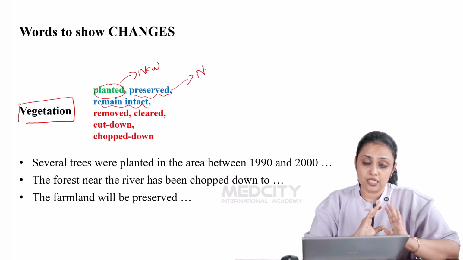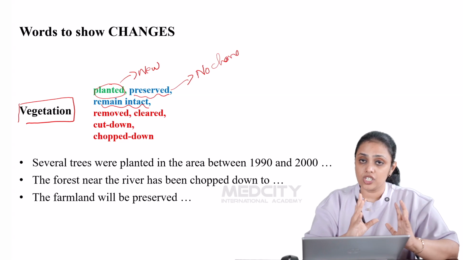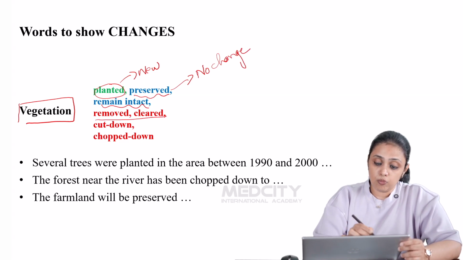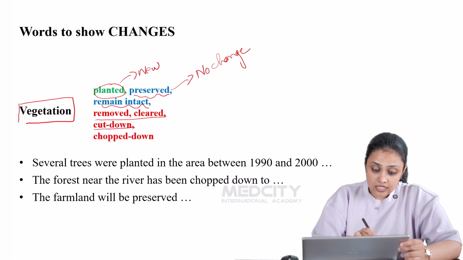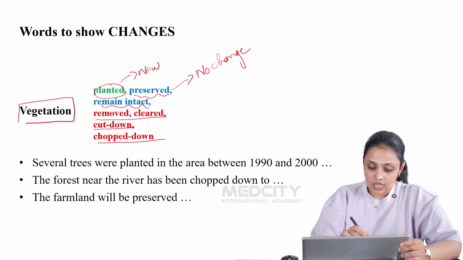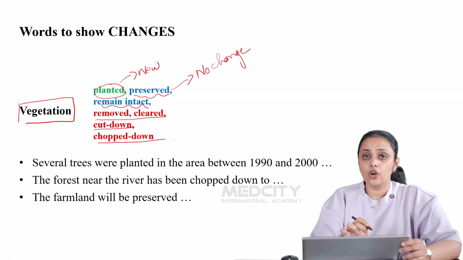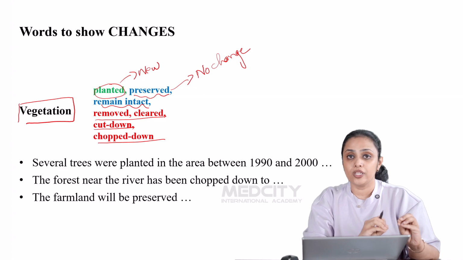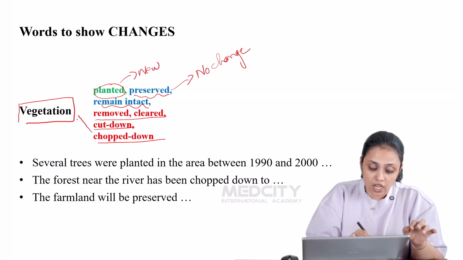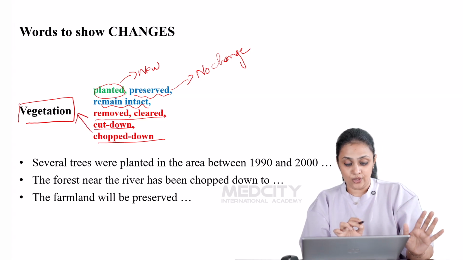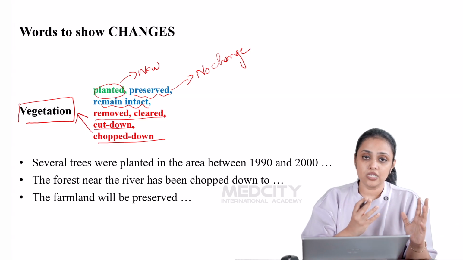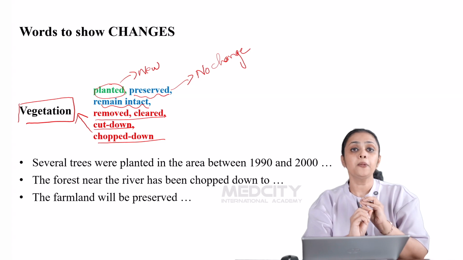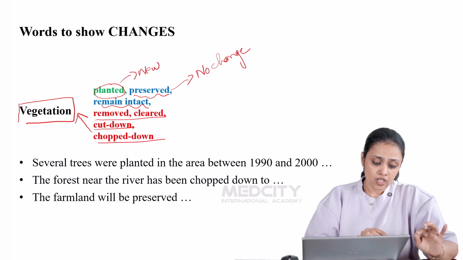Now if the plantation or the vegetation has been completely removed or cleared, we can use words like removed, cleared, cut down, chopped down. See, cut down, chop down and all are very specific, or exclusive, to vegetation. You cannot use chop down or cut down with buildings. Just the same way, the word demolished cannot be used for vegetation also. So you should be careful while picking words.